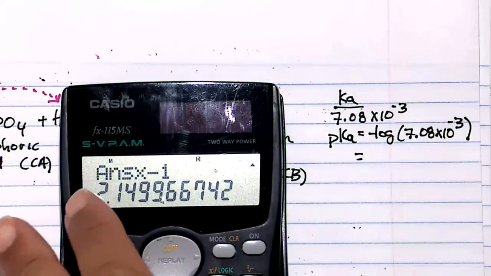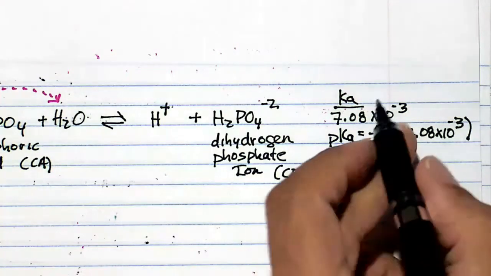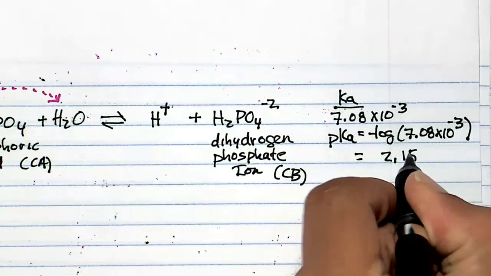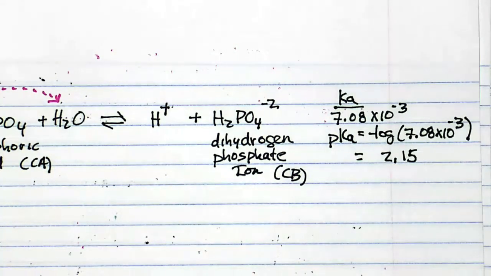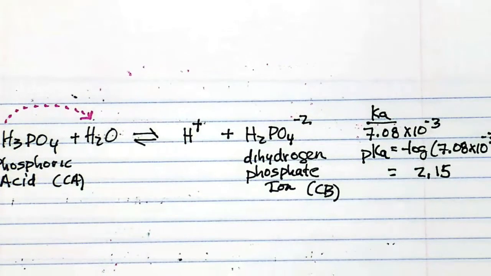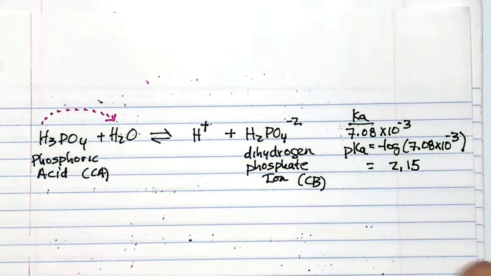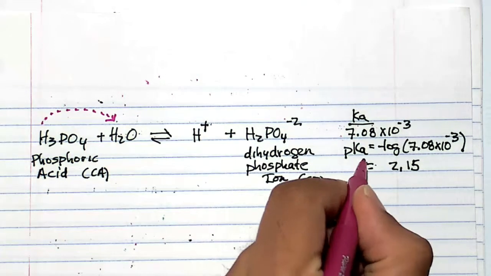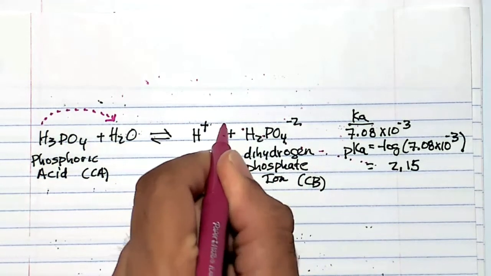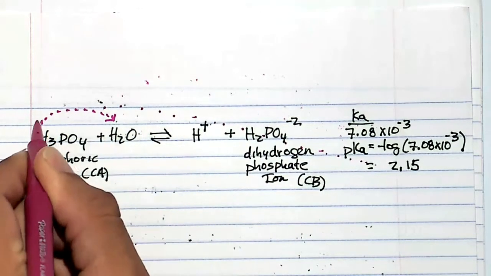So 2.15, I'll just do that to 3 sig figs. 2.15 is the pKa of one of the protons in phosphoric acid. So one of the protons in phosphoric acid has a pKa of 2.15.